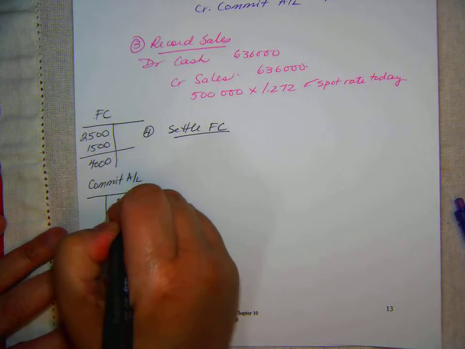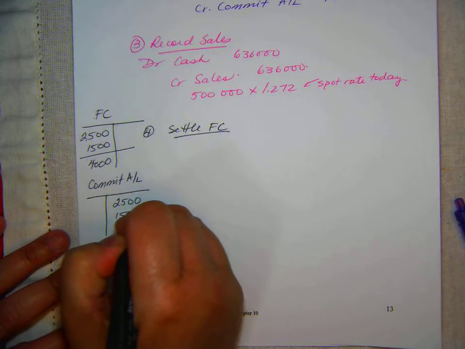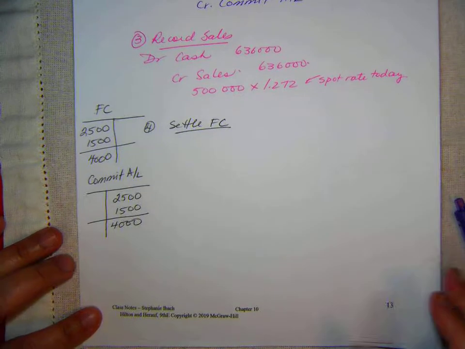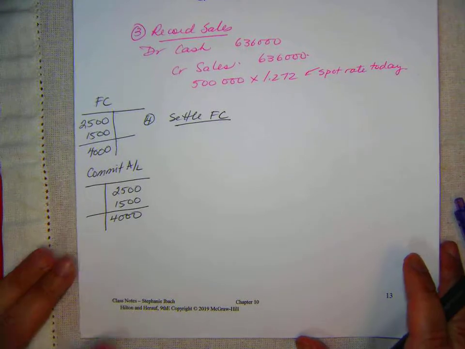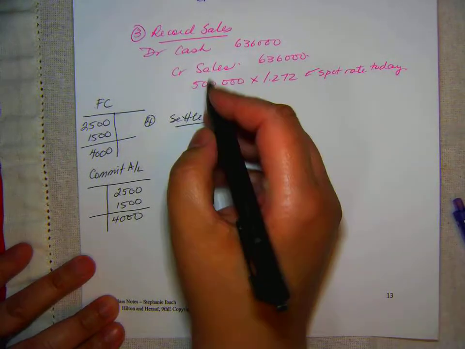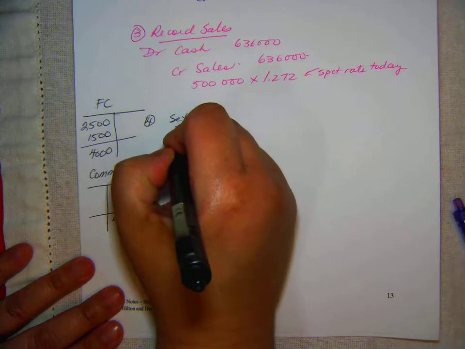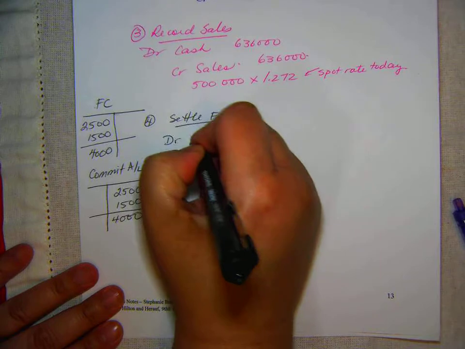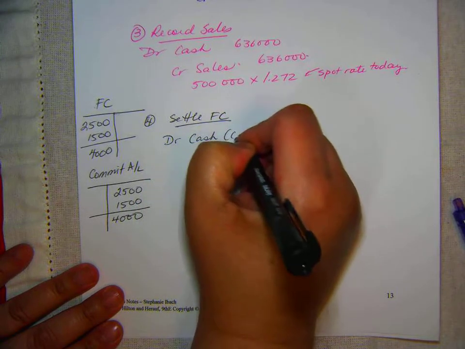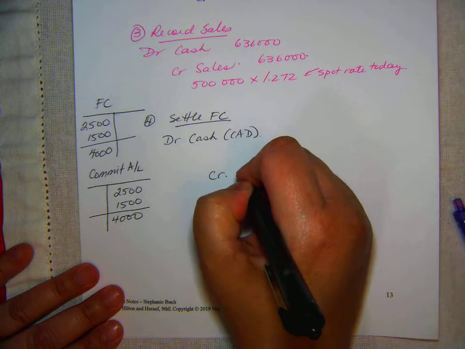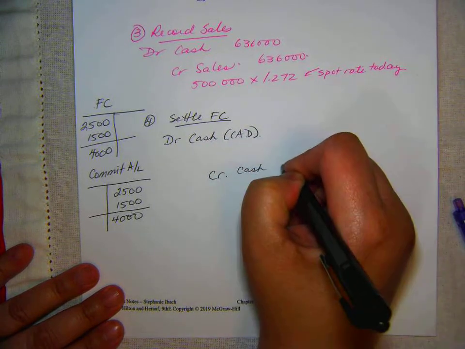So it's got 2,500, 1,500, and it's going to be 4,000. And yes, they'll always be the same. So let's do the cash first. And again, you could just have one cash account and that would be okay. But we are getting Canadian dollars. We're giving American dollars.